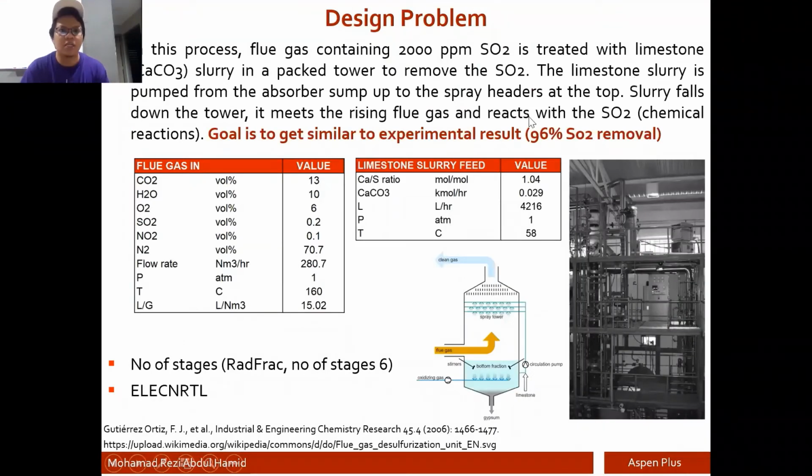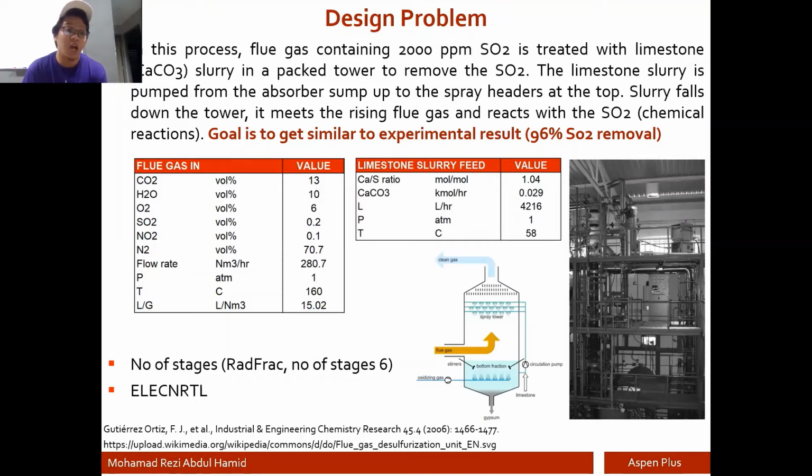So as you can see here, this is our Aspen Plus design problem. In this design problem, we have a flue gas containing around 2,000 parts per million of SO2, and this flue gas needs to be treated with the limestone slurry in a packed tower to remove the SO2.